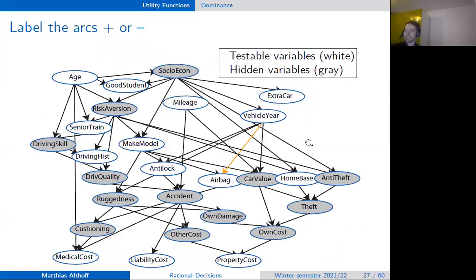Good, and now we can look at a practical example. This is again the same car insurance example that we discussed before. If you look at vehicle year and airbag, is there some positive or negative correlation? Meaning that the higher the vehicle build year is, the higher is the probability that it has an airbag.